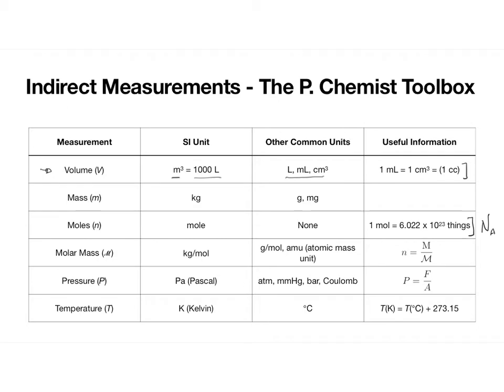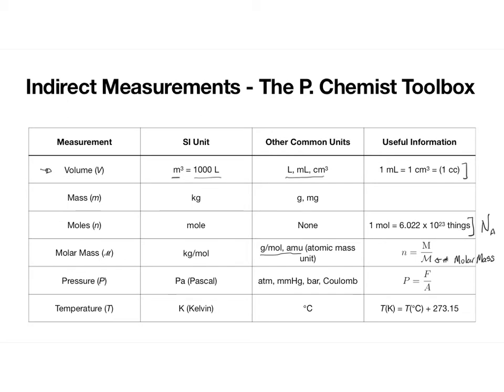Molar mass. In our textbook, we get the scripty M. It actually looks like this, but my slide making fonts don't have that M. But whenever you see this M in your textbook, it is molar mass. Molar mass, the SI unit is kilograms per mole, but we like to measure this in AMUs or grams per mole.